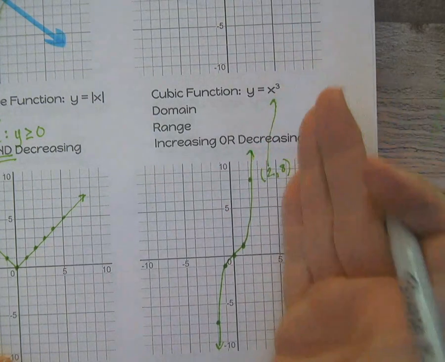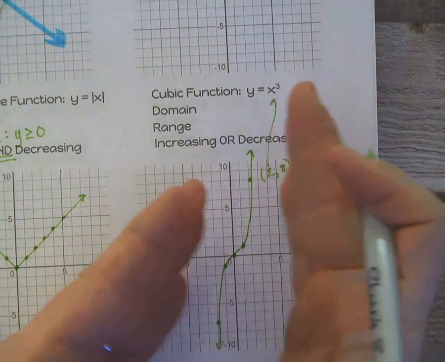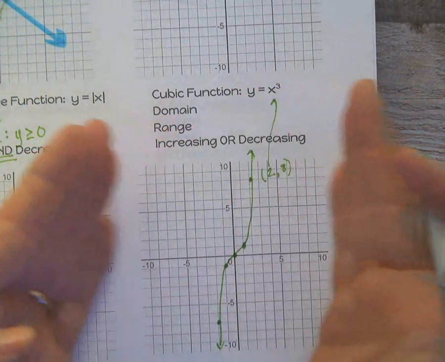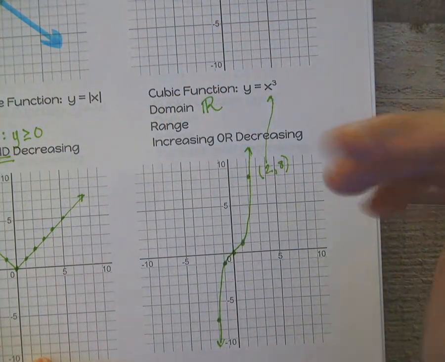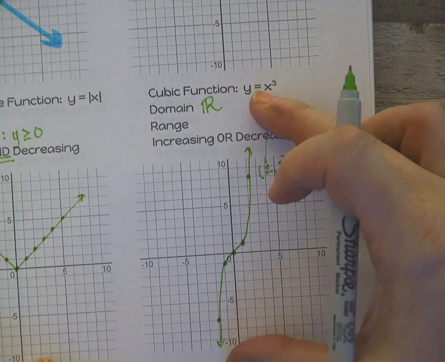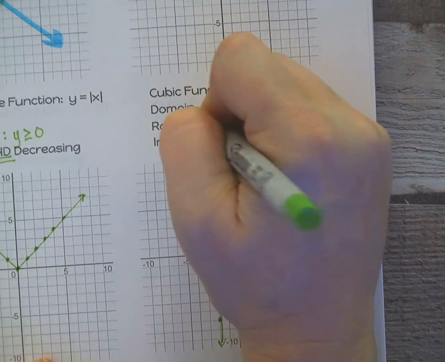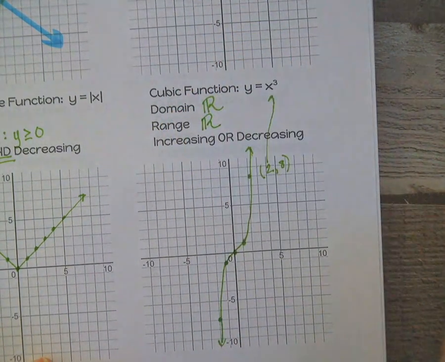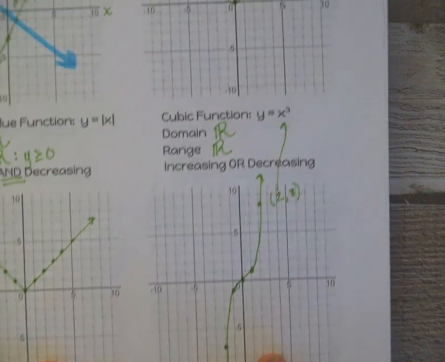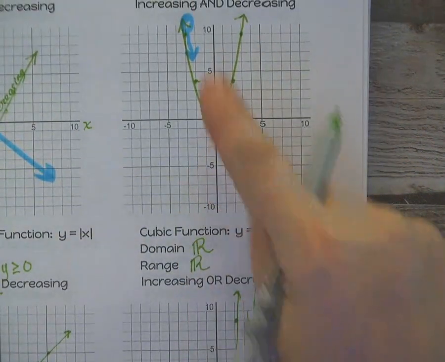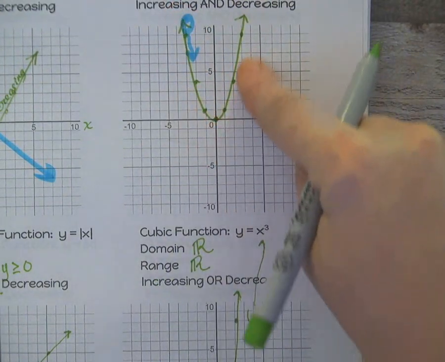This graph is going to continue to spread out all the way to the right and left in the x direction, so our domain is all reals. It's going to continue in both directions in the y as well, so the range is all reals. Notice that a cubic function doesn't have this turning behavior like up here, where it goes down and then goes up.